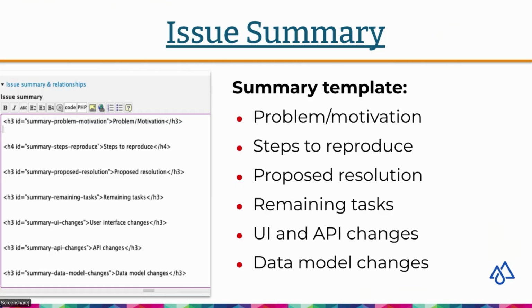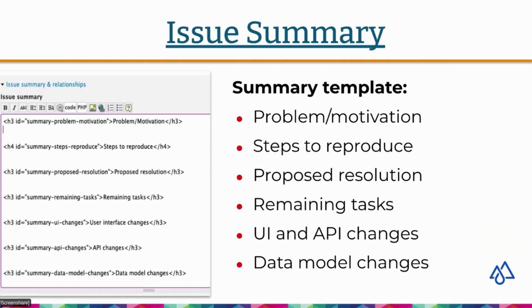There's usually a URL here, but the issue queue by default injects the problem motivation template. When we create an issue, this gives us ideas of what we can put for different things. Usually this data model change is never used, but if you go through this and use it, feel free to delete the ones that you're not using.